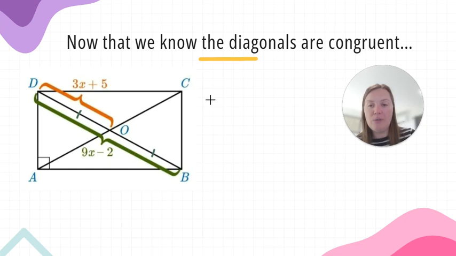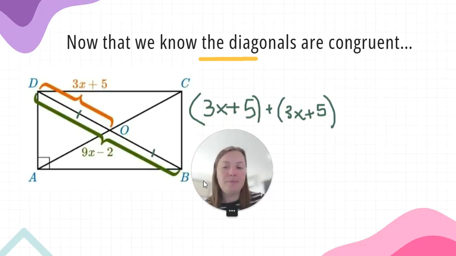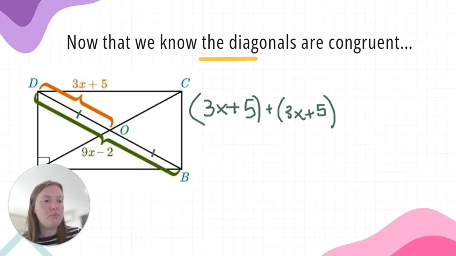So how I can use this is, we have a 3x plus 5. If we have two of them, let's move me down here, that should be equal to the entire length. And in this case, we have 9x minus 2.